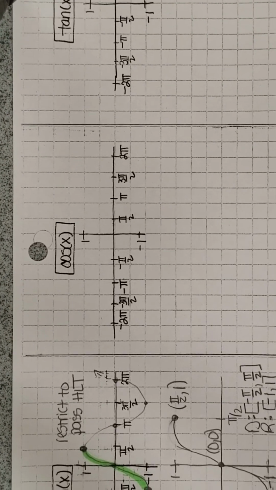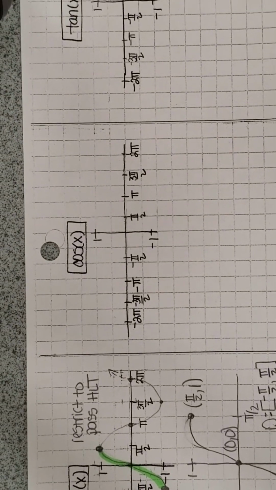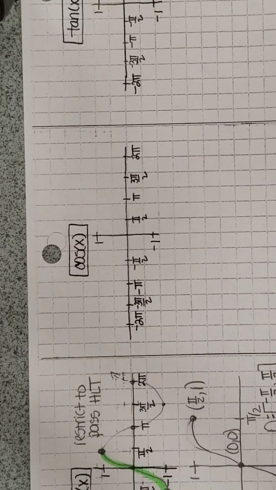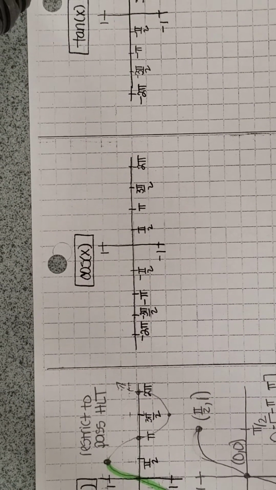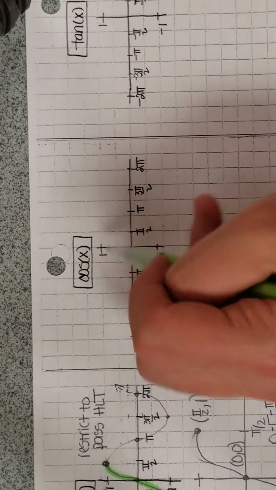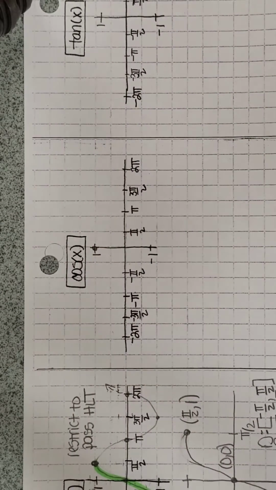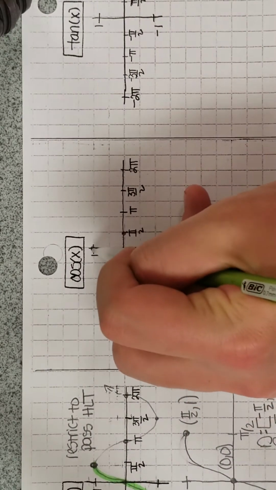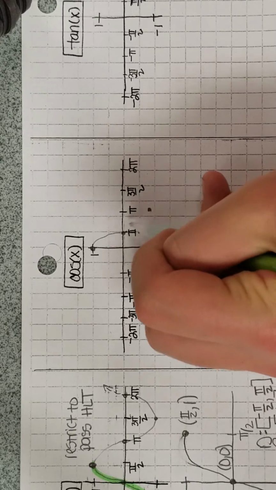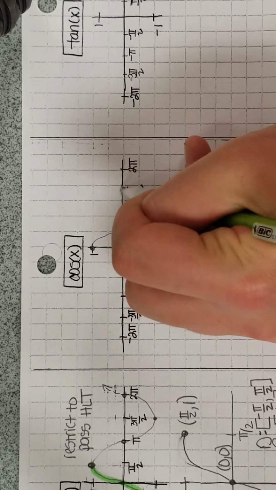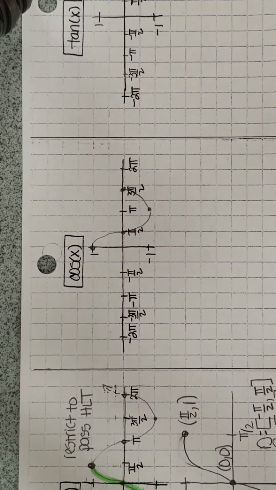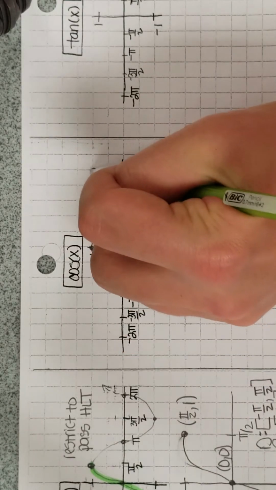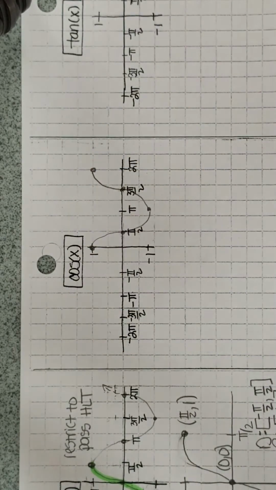Let's now talk cosine. So just like we did before, we're going to start by asking ourselves, what does that graph look like? So cosine starts at 1, comes down to pi over 2, down to pi, back up to 3 pi over 2, and then up.